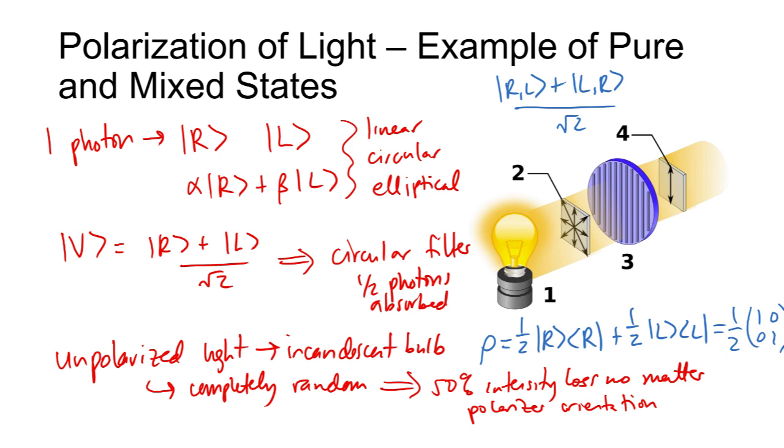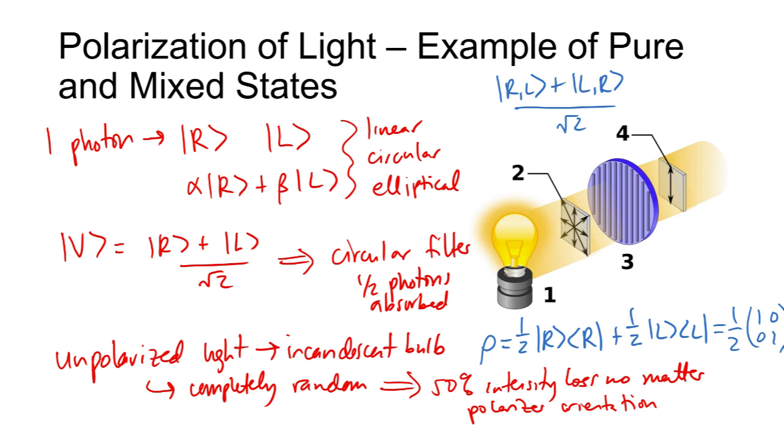So I can write down the density matrix of this unpolarized light because I can describe it as a statistical ensemble. It's not a superposition state, but it can be described as a statistical ensemble. So I could write down rho equals 1/2 |R><R| plus 1/2 |L><L|.